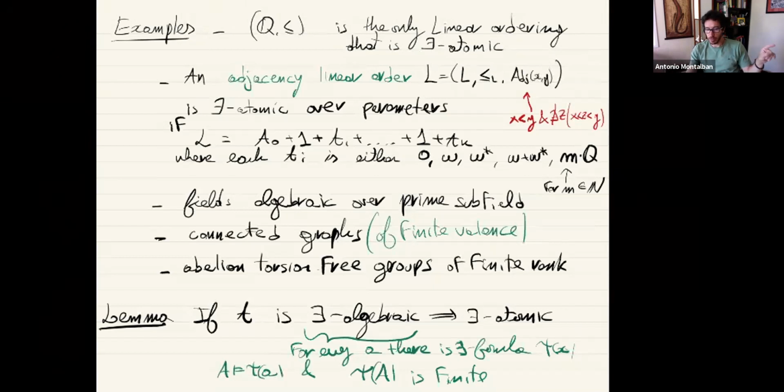So with parameters, I guess I didn't write it down. When I said it out loud, I was saying that for this you need parameters. And if you choose parameters within the group that form a basis for the Q vector space, then you can show that even in the language of only addition and without multiplication, you can still characterize every other element of the group using the elements of the basis as parameters.